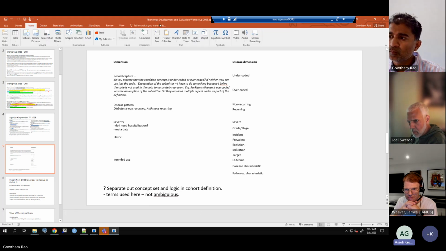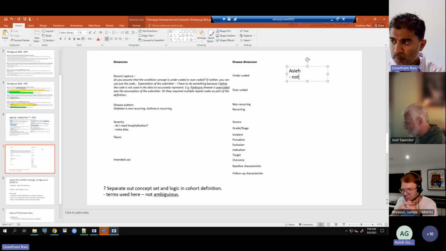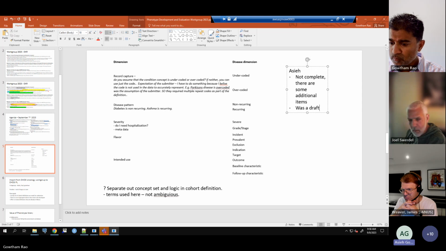For example, do we really need baseline characteristics and follow-up characteristics, or is characteristics or covariate by itself sufficient? The intention was to start and then bring it to this work group, and this is exactly what we're also discussing with Darwin. We're working through this with Darwin as well, to complete it and make it available for use.